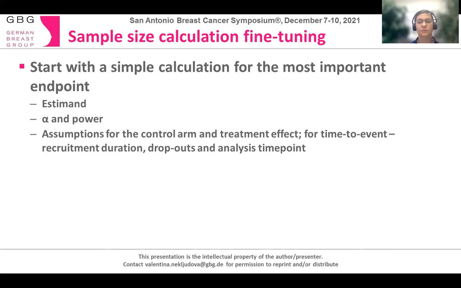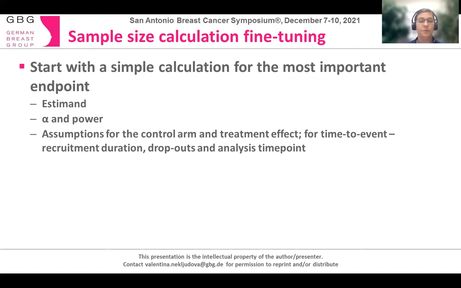And now let's move to the sample size calculation fine-tuning. If you are planning a complex trial, I suggest that you always start with a simple sample size calculation for your most important endpoint. Sometimes you see already here that it is not feasible and you have to rethink your population or your endpoint.